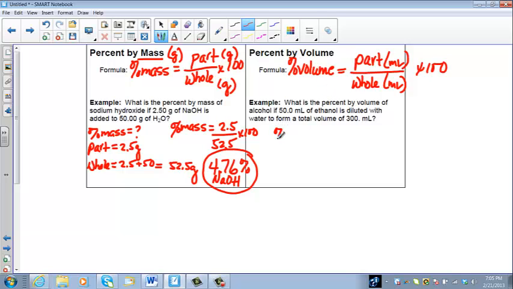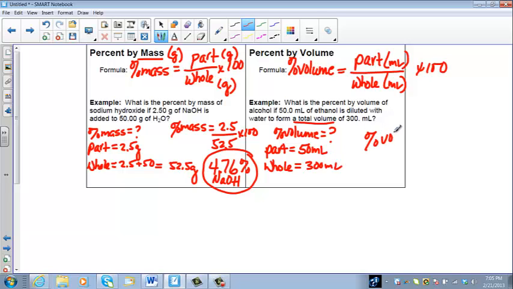So we're finding percent volume. What is the percent volume of alcohol if 50 mils of ethanol, so our part is 50 mils, is diluted with water to form a total volume. This time they gave us the total, 300. So our whole is 300 milliliters.